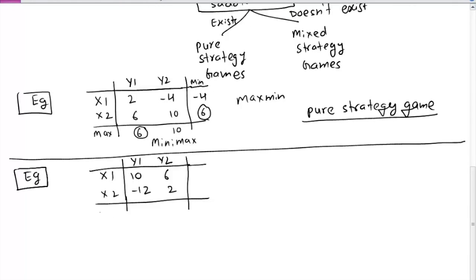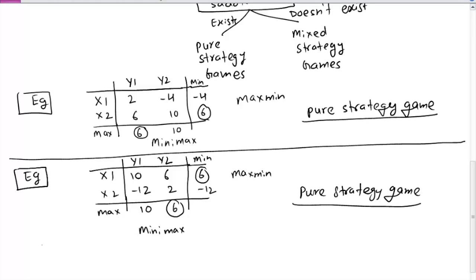Again, if you find the maximum and minimum values, you have maximum 10 and maximum 6 here, and the minimum of the two is 6 using Minimax, and similarly using Maximin 6, negative 12. So the maximum of the two is 6. So again we have a pure strategy game.